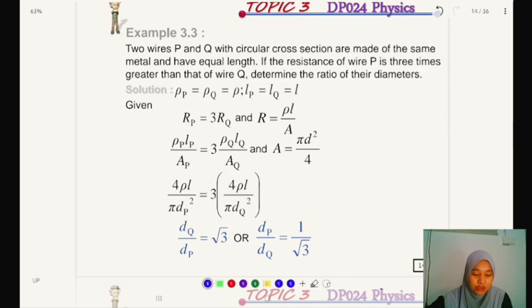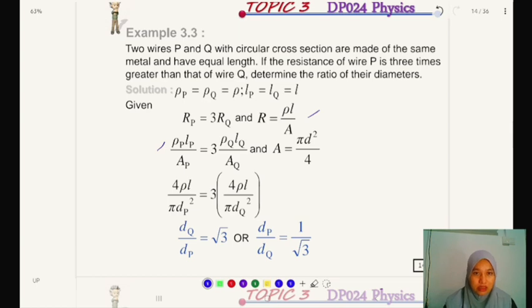So, dekat sini rho dia sama, L-nya sama tetapi resistance tak sama. So, RP sama dengan 3 kali RQ. So, R sama dengan rho L over A. So, masukkan dekat sini. Rho P LP over AP sama dengan 3 rho Q LQ over AQ.